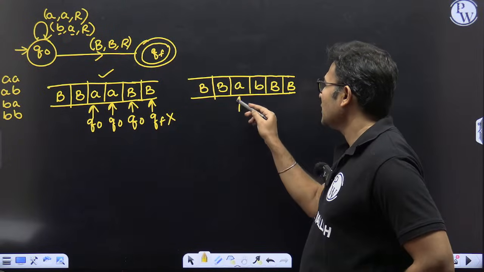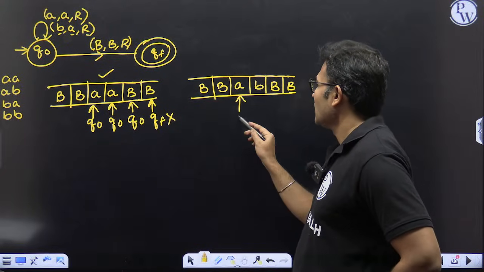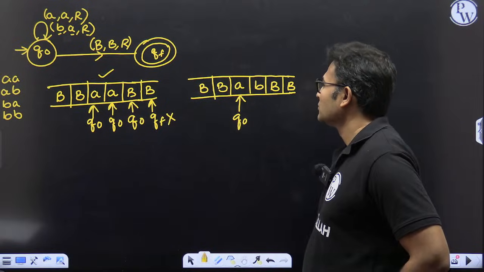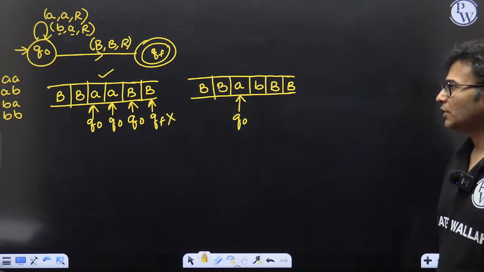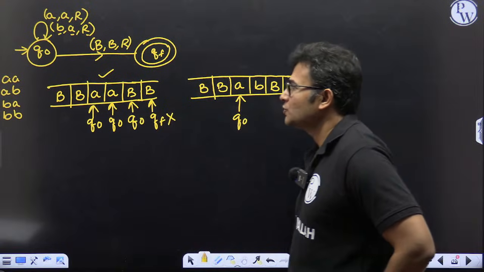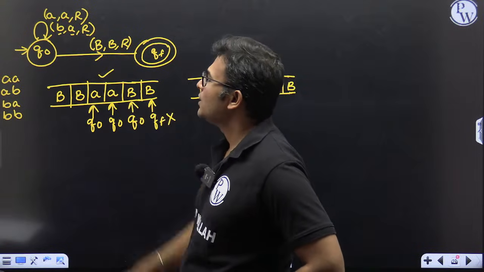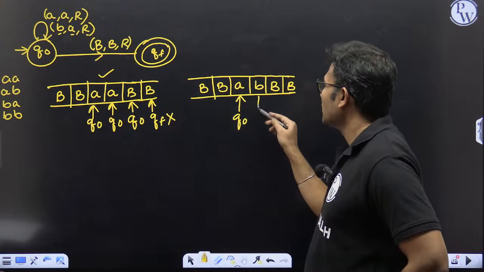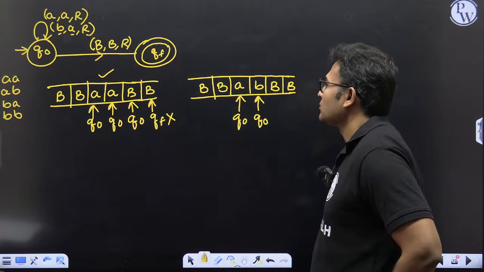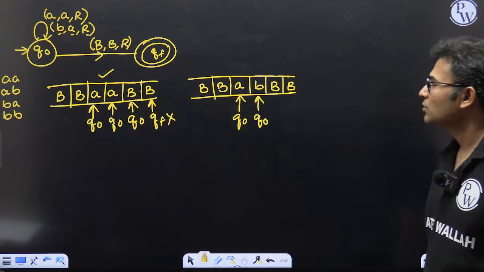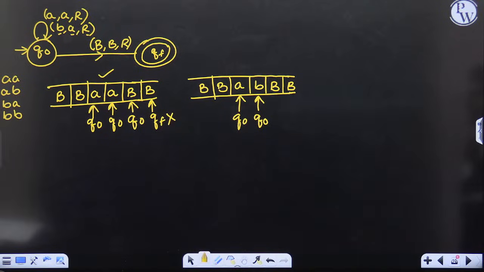Initially you are in state Q0 and you are seeing A. Q0 on A, leave it as A, move right to Q0.